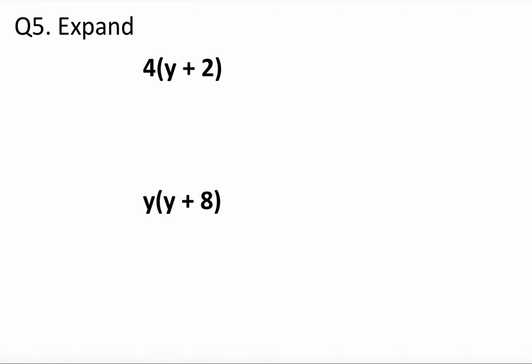We've got to expand, a bit of algebra again. We've got to expand the brackets. So we've got 4, and in the bracket we've got y plus 2. What we've got to do is just times everything in the bracket by 4.